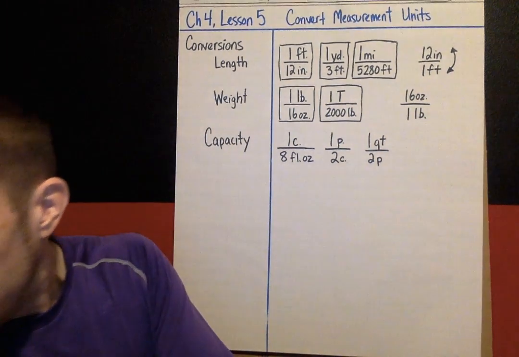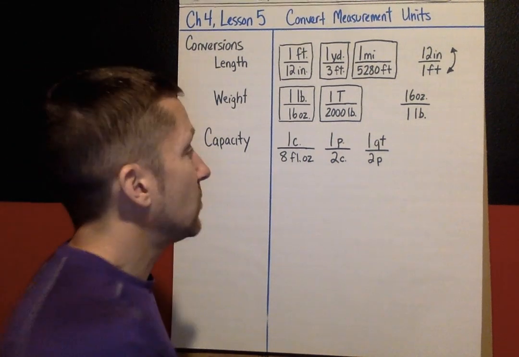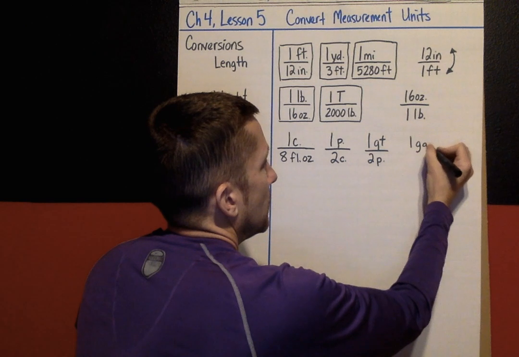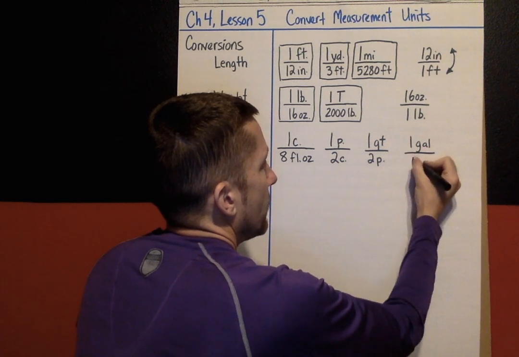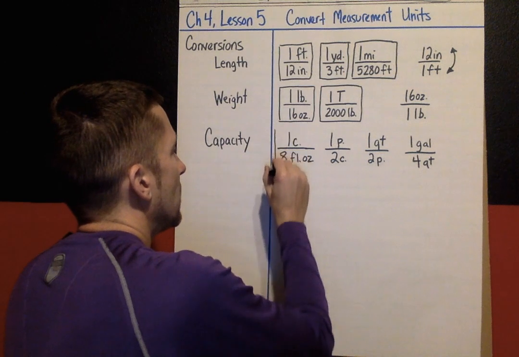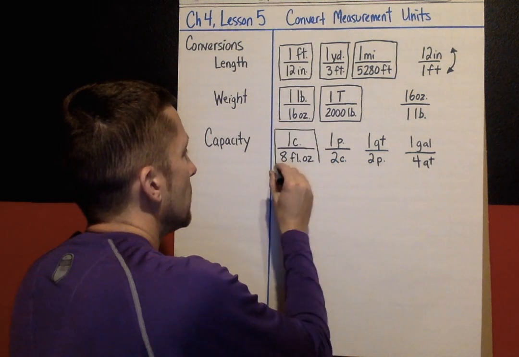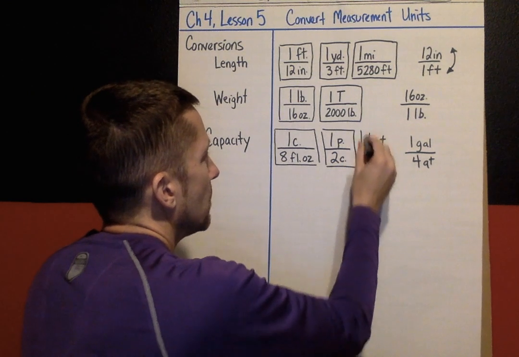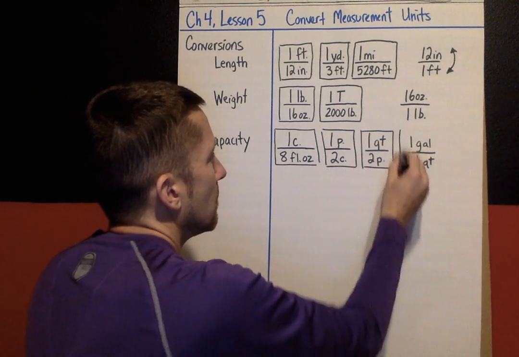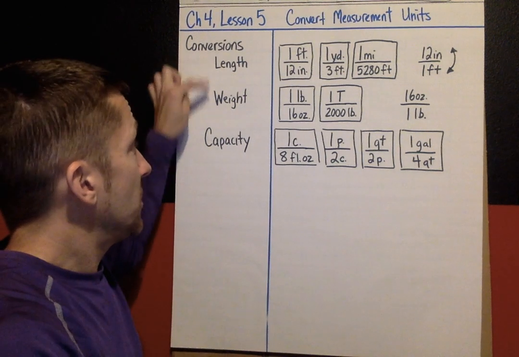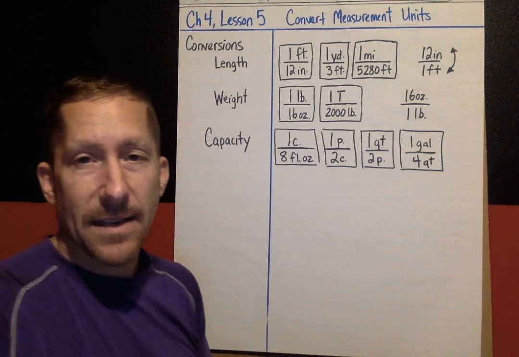And the last one is 1 gallon for every 4 quarts. So these are length conversions, weight conversions, capacity conversions.